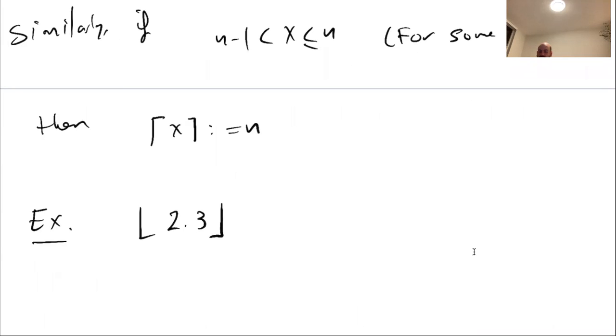What else? 1 is one of them. 0 is one of them. Minus 1 is one of them, and so on. But among these integers that are less than x, minus 1, 0, 1, 2, which one is the largest one? The largest such integer is 2. 2 is the largest integer less than or equal to 2.3.